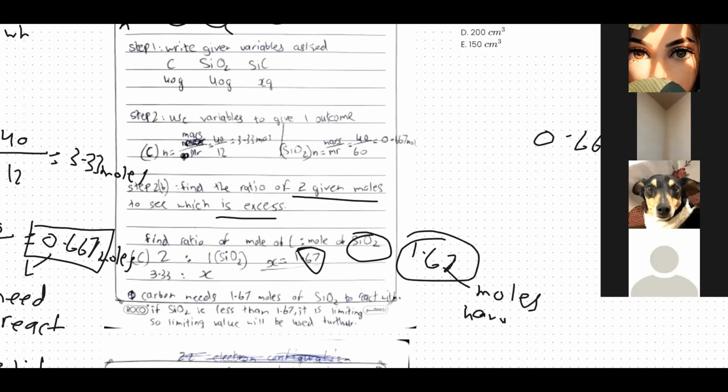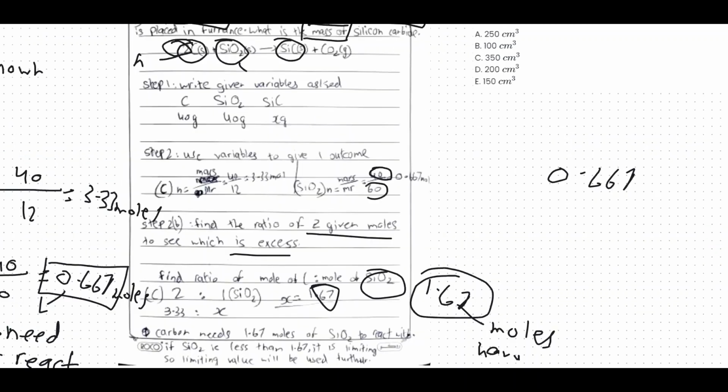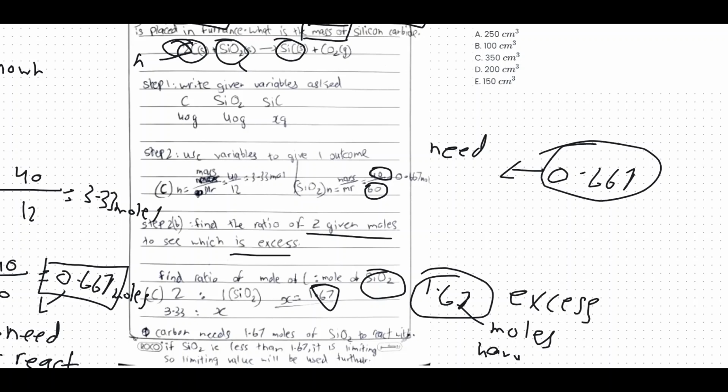And this 0.667, which I found in step 1 when I divided the mass by the MR, is the moles that I need. I have 1.67. I need 0.667. Obviously, 1.67 is more, so this is considered the excess. This is known as the excess.